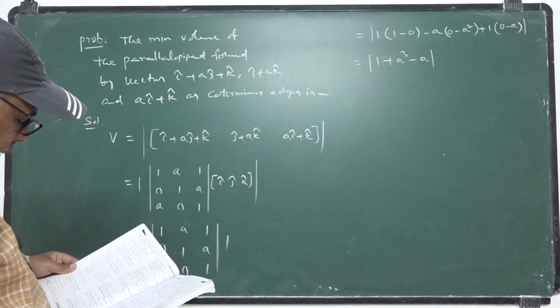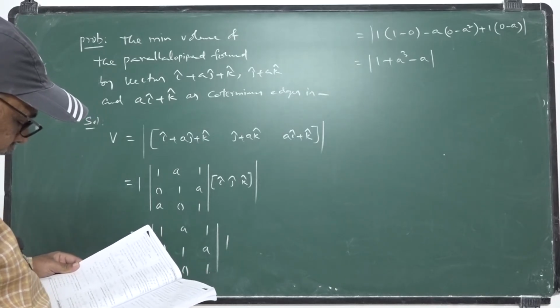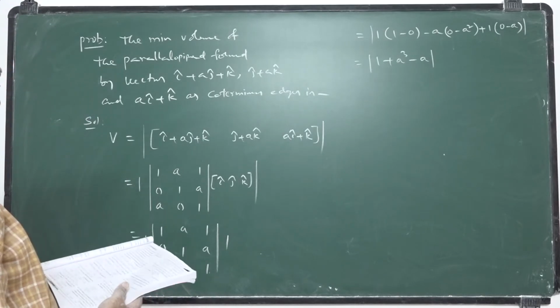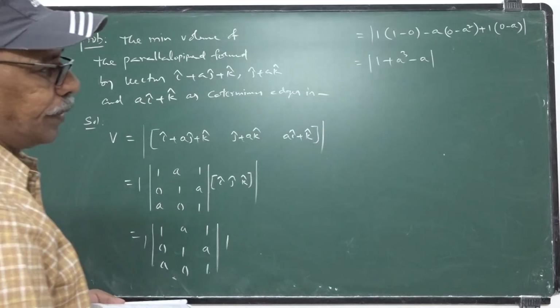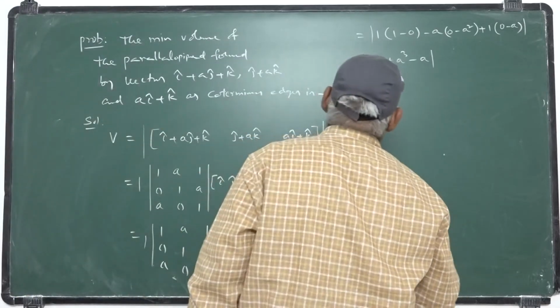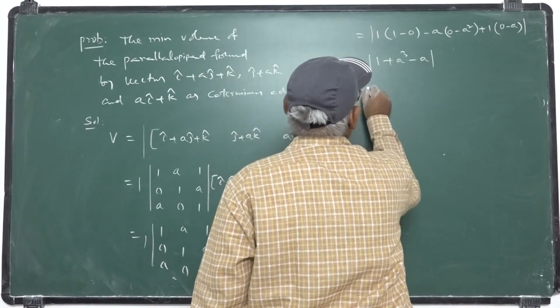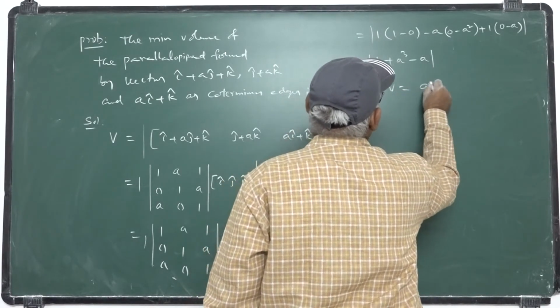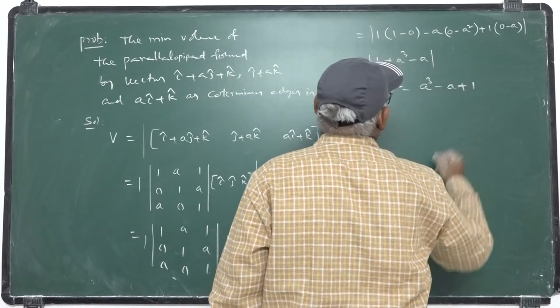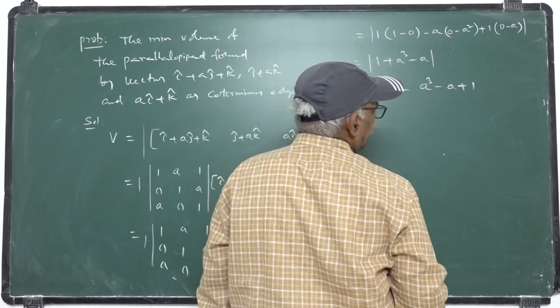Now, we have to minimize the value of this volume. To minimize, let us consider this volume as positive and take V equal to A cube minus A plus 1.